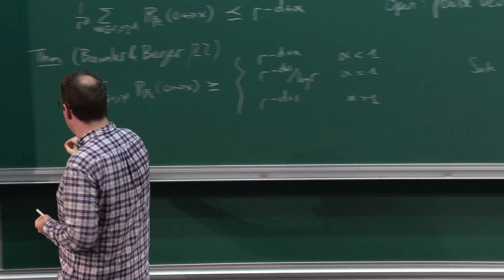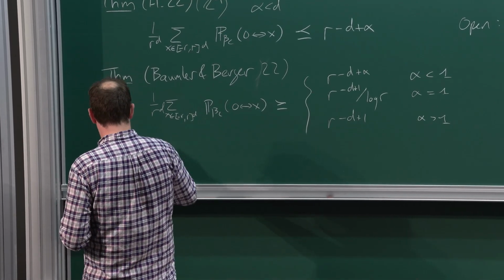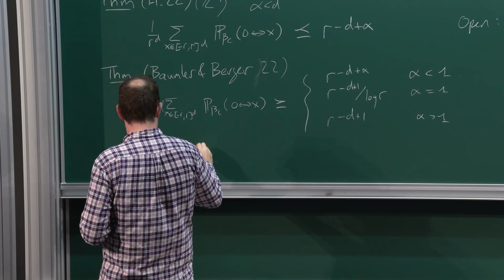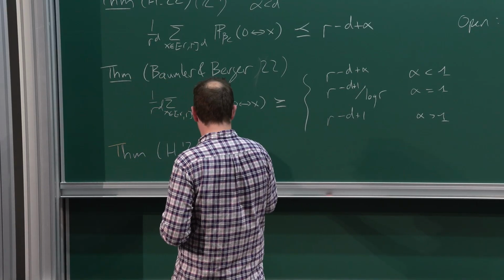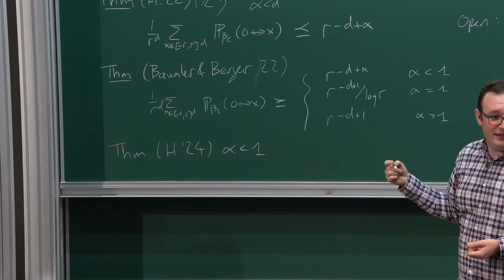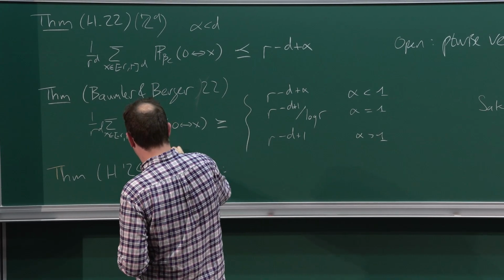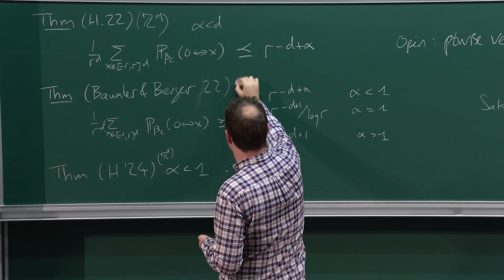Last year, I showed that under this same assumption, and using one of the key ideas that they had in this Baumler-Berger paper, this is ZD again. This is ZD2.